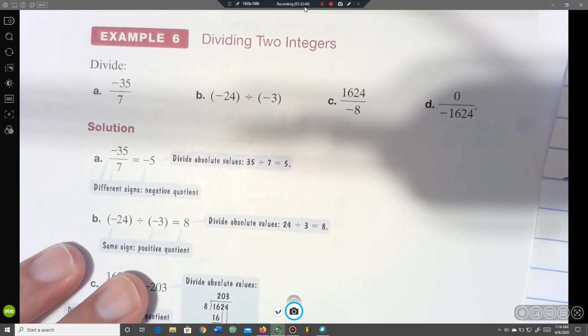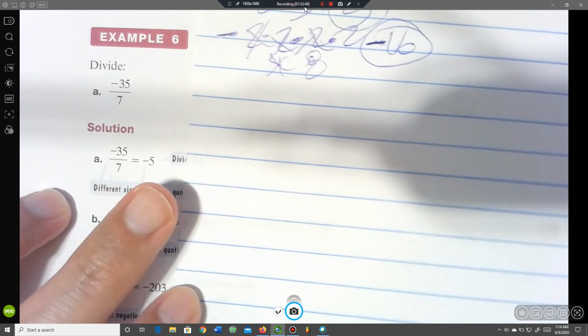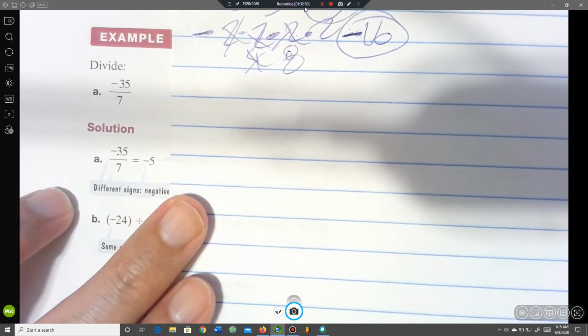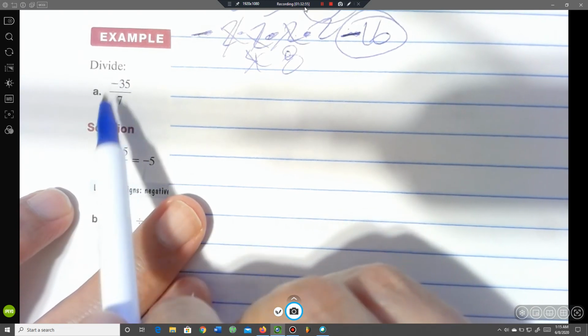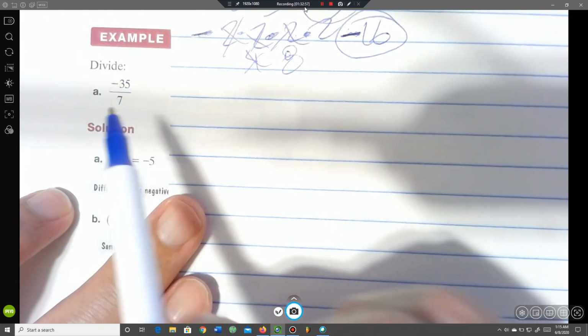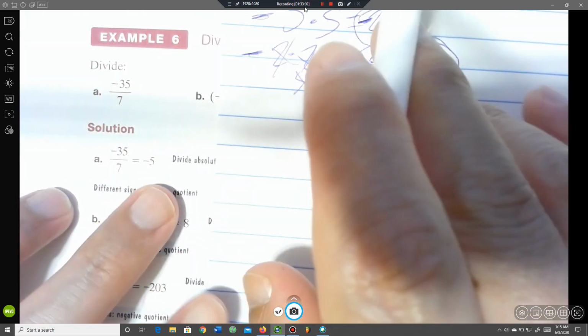Those rules still apply for division. They apply for multiplication and for division. This is a little tricky because if you forget to check your signs at the end, you might mess them up, okay?